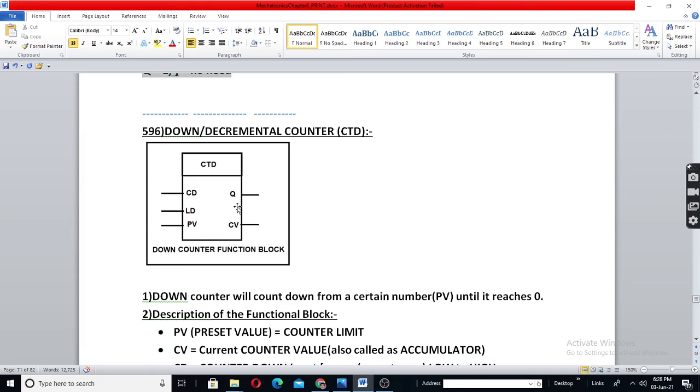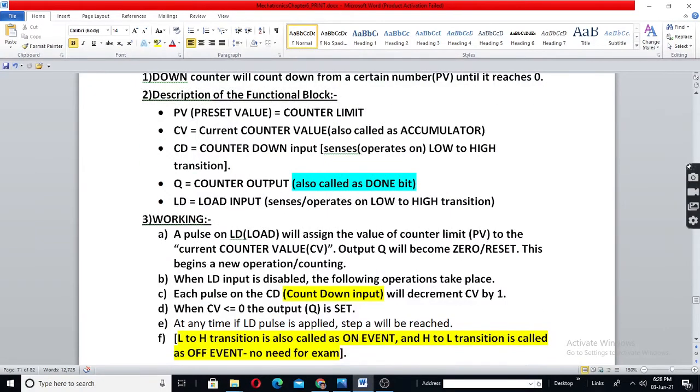Regarding enable bit, timing bit, counting bit, etc., detail is not given here. Otherwise, your head will get loaded. More, if you want, you can study, or it will be given as extra classes after these classes.